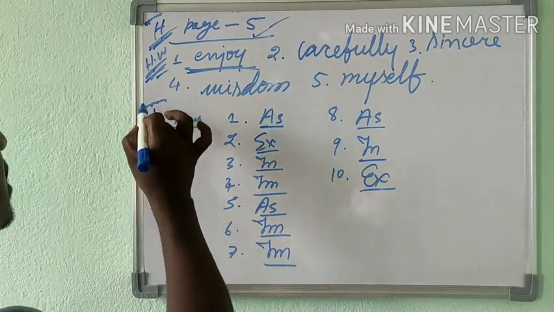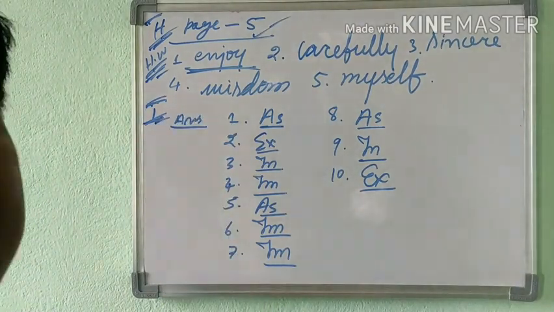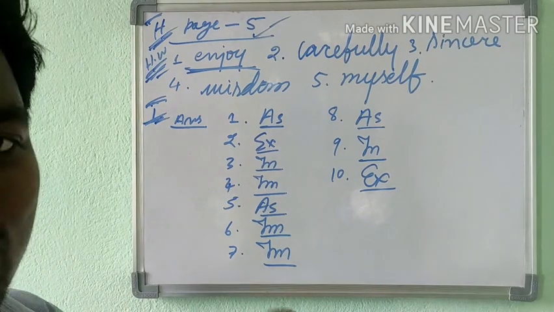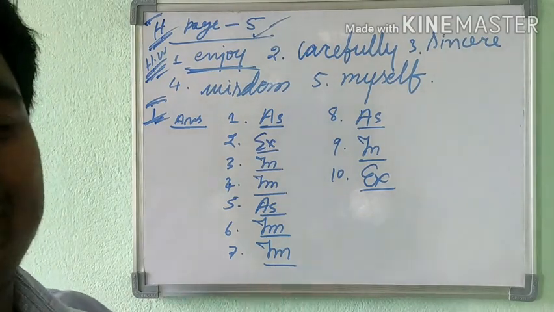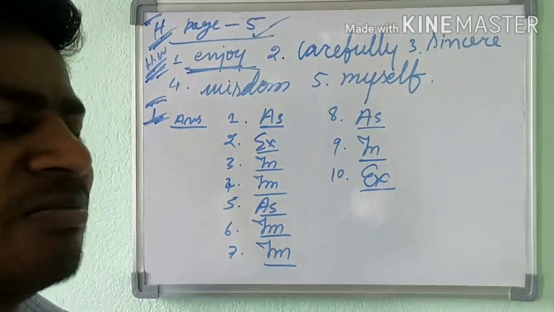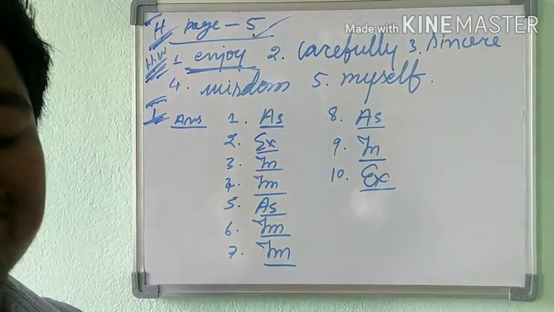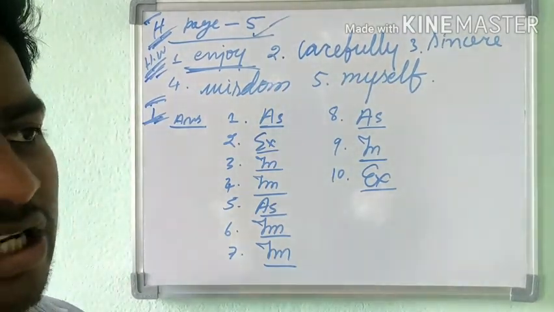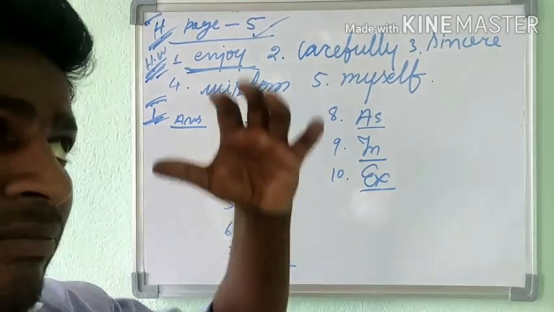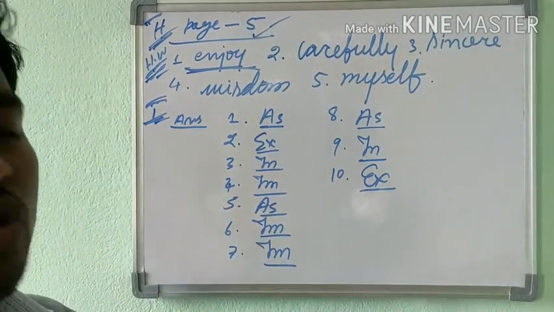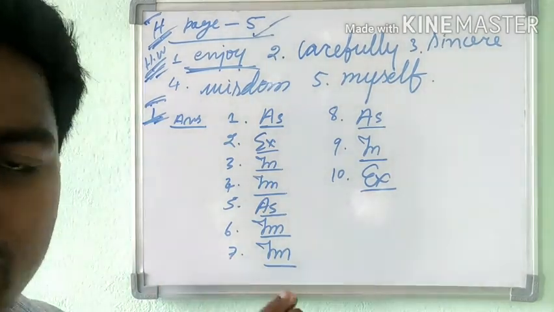Good. Now in number I, there are 10 sentences, and those sentences are of different kinds. Some of them are assertive sentences, some of them are interrogative or imperative or exclamatory. So by remembering what we have studied, we have to find them out. Here I am giving you the answers.